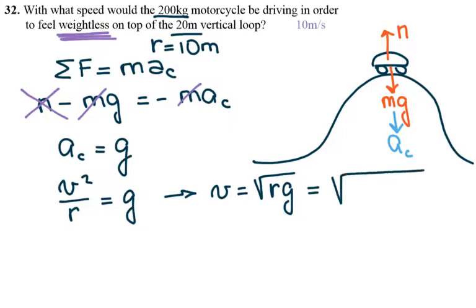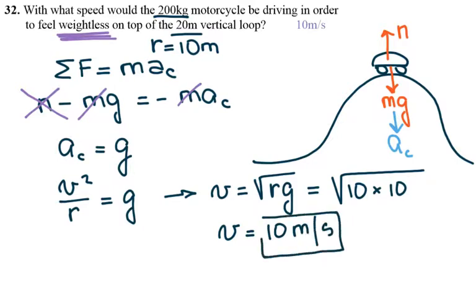And r is 10 meters, g is 10. So the velocity needed is 10 meters per second. Anything less, he will not feel weightless. Anything more, he may fly off the track.